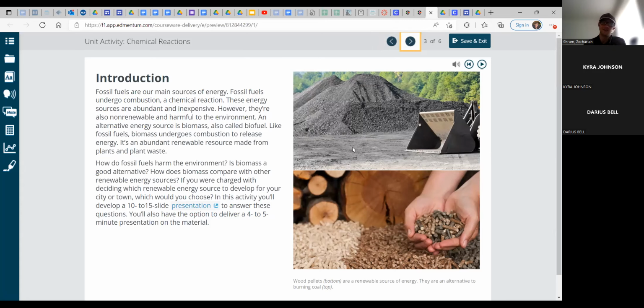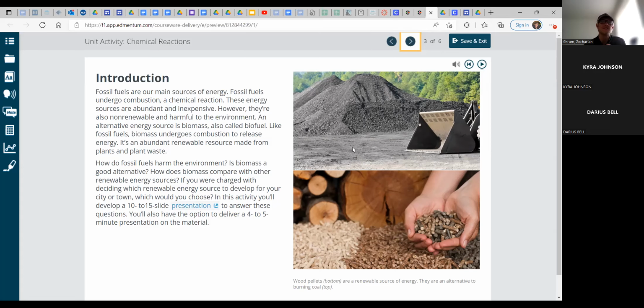So getting into the introduction, we have fossil fuels, and they are our main sources of energy. And these fossil fuels go through combustion, and combustion is a chemical reaction. A lot of these energy sources are abundant, but they're not renewable necessarily.